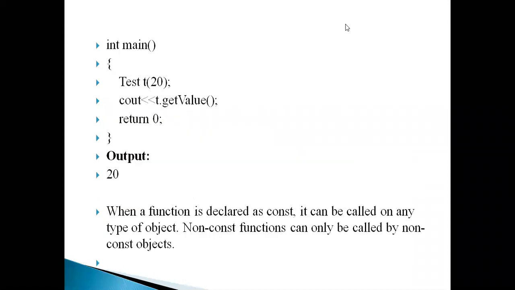In this, I am creating the object for the class Test and assigning the value 20, which indicates that the value 20 will be assigned to v. t dot getValue simply passes the value 20, and getValue is the one which is going to return the value 20. Now look at the earlier class.